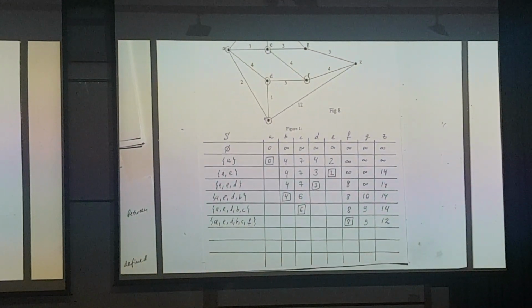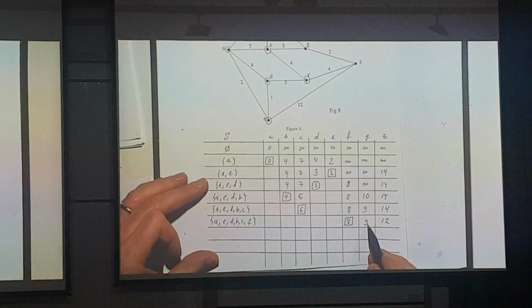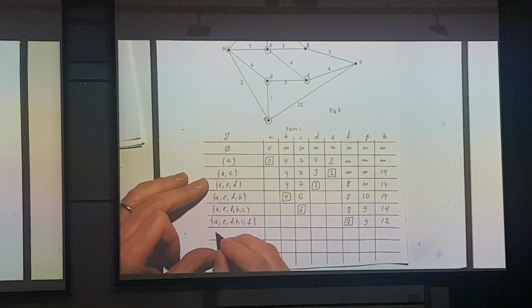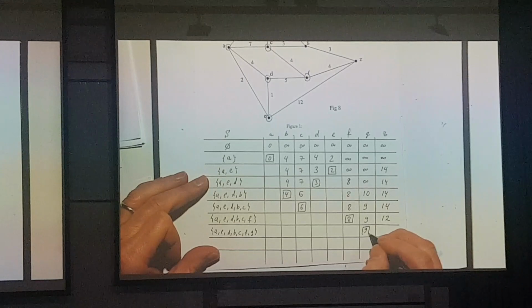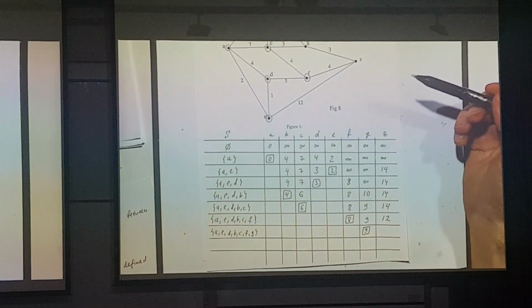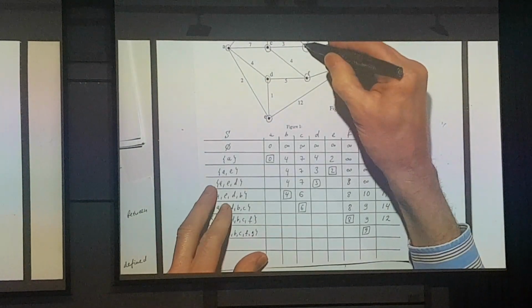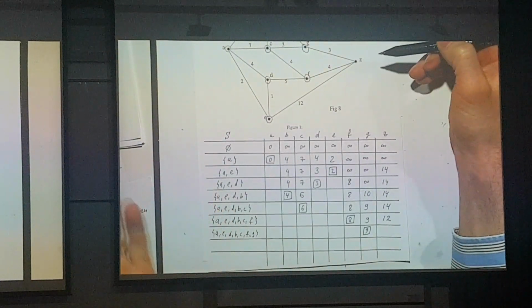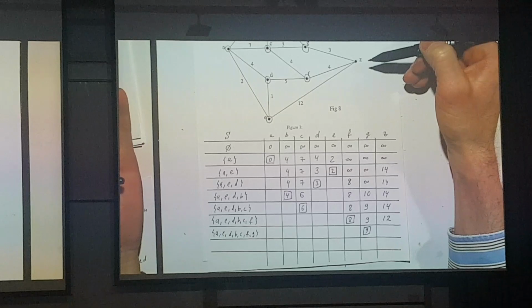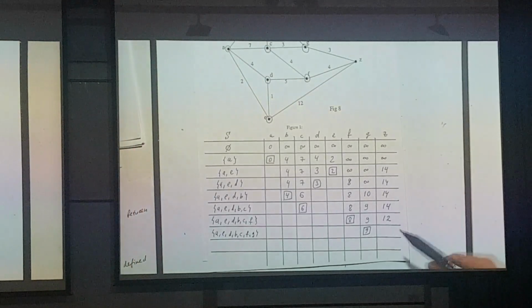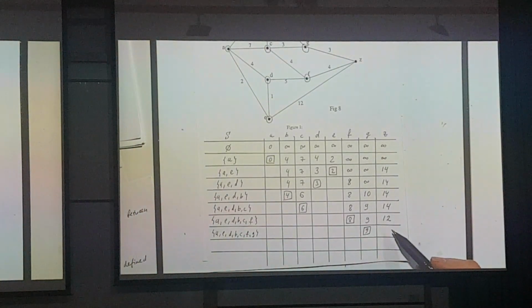Last step, because only 2 vertices are left, and the smaller label is that of G. So A, E, D, B, C, F, G, 9, box it. Then we check: G is connected to Z, the only remaining vertex outside capital S. And 9 plus 3 is 12, which is exactly the old label.